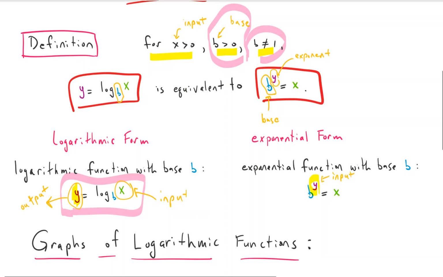And the x in the logarithmic form on the left is an input, and where is the x on the right in the exponential form? That's the output. So the inputs and the outputs are switched between the two forms, but they represent the same variables.